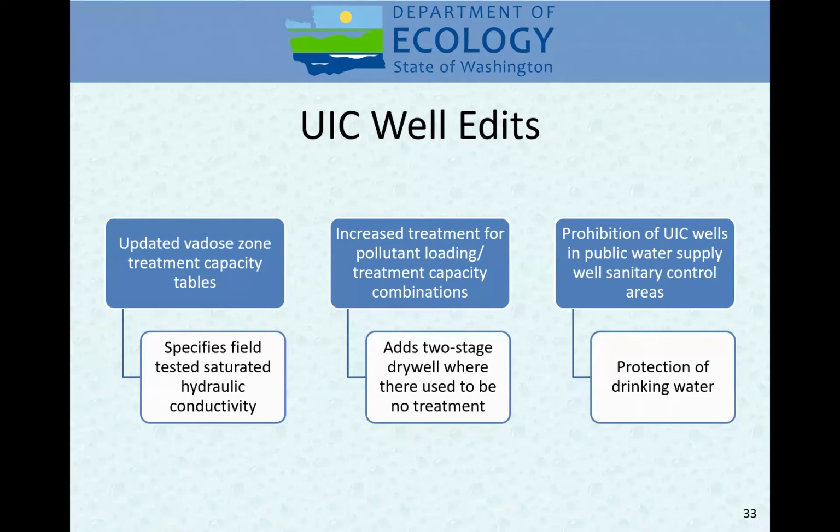And it's in line with our site suitability criteria that we use to determine treatment for other devices. We've changed the amount of treatment you have to do. In the WAC, it said no treatment for a lot of cases. We've added a two-stage dry well, which is a catch basin with a downturned elbow.